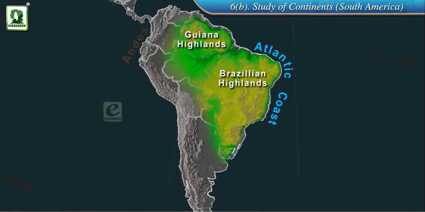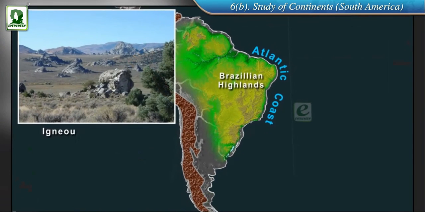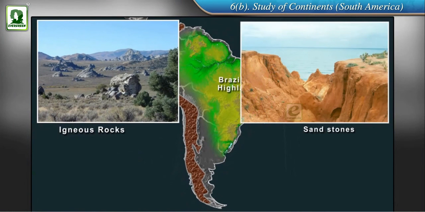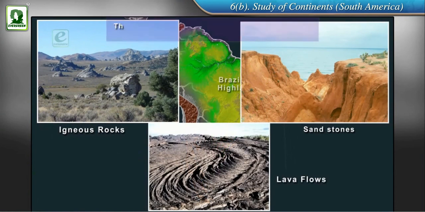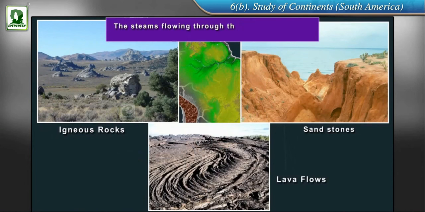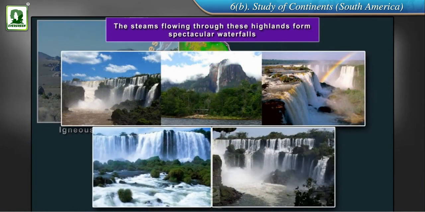These are much lower than the Andes. These are older than the Andes and are formed of ancient igneous rocks, sandstones, and lava flows. The streams flowing through these highlands form spectacular waterfalls.